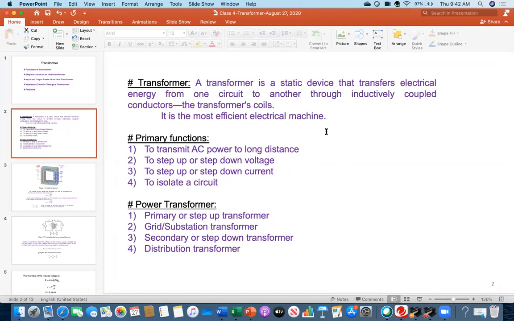As you know, in the first class I was explaining energy conversion, meaning conversion of energy from one form to another. There were generators and motors, but in a generator and motor there are moving parts. There are coils and magnets, but either the magnet or the coil will be rotating.